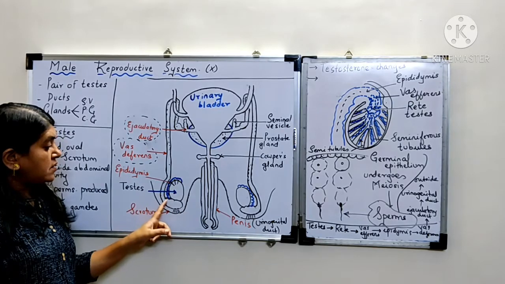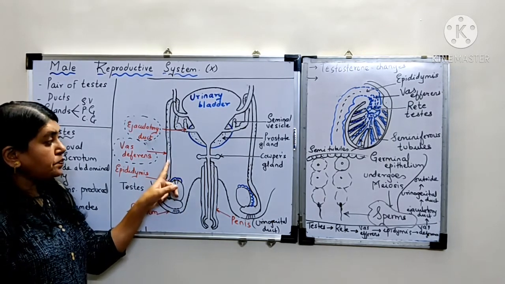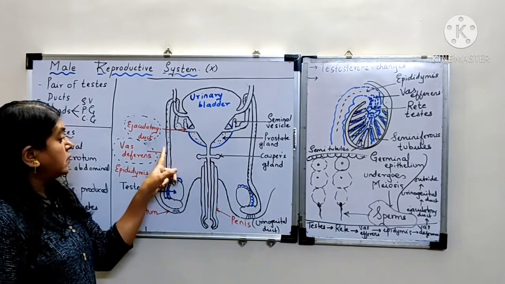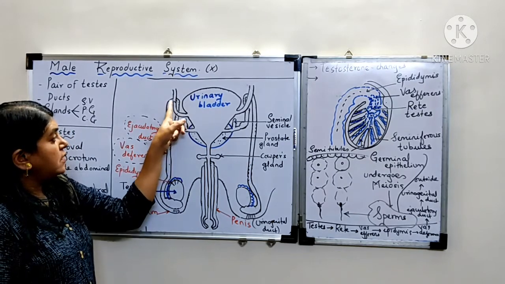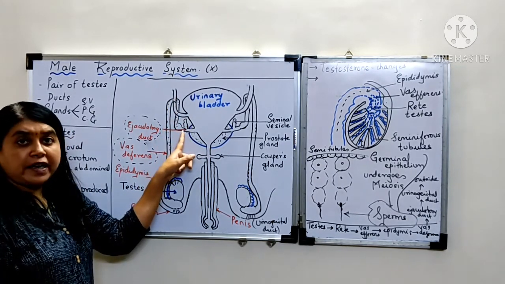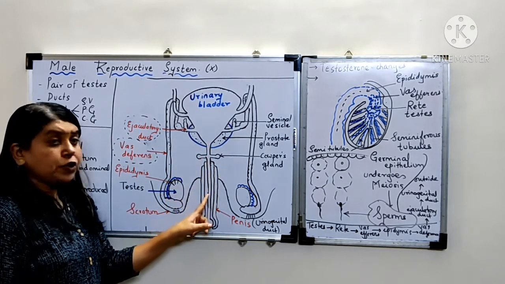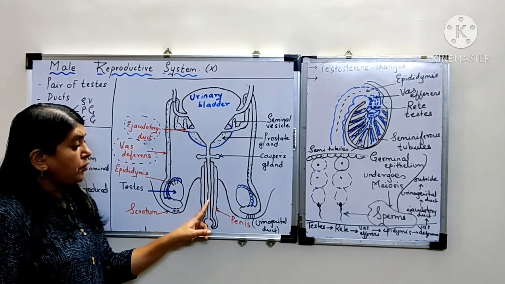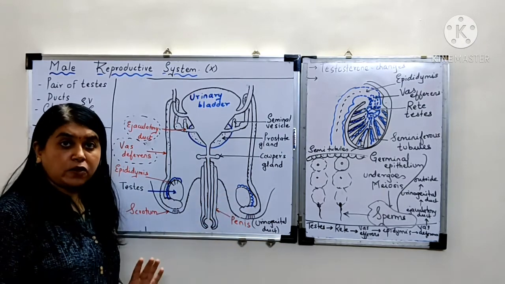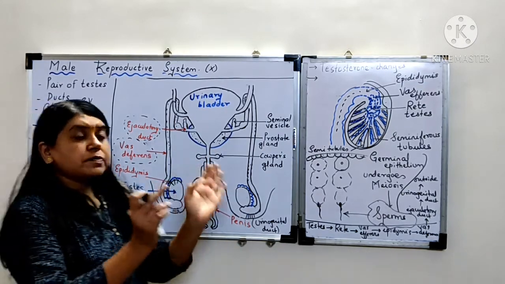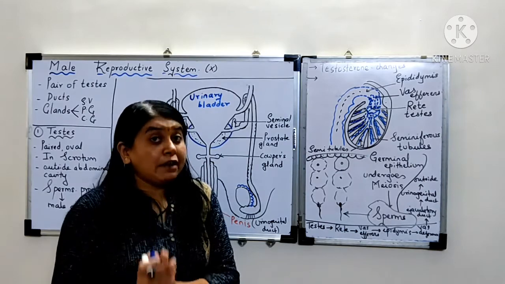From epididymis, the sperms travel via the vas deferens. From vas deferens, they will move towards the ejaculatory duct. From ejaculatory duct, they will be carried to the urinogenital duct, and from urinogenital duct to the outside of the body. This is how the sperms are going to travel.